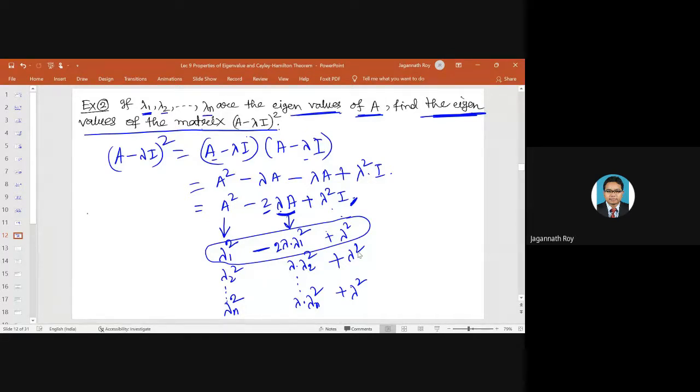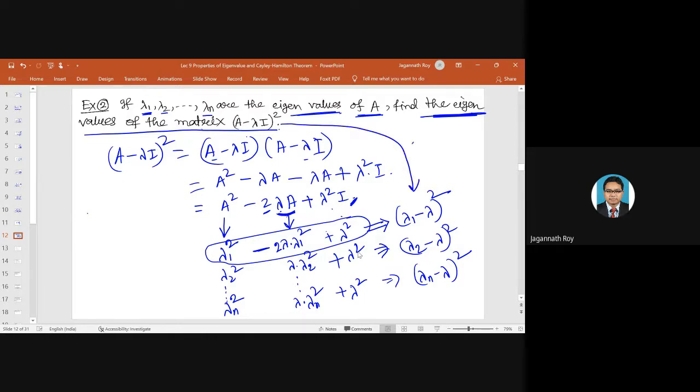So this will become lambda 1 minus lambda whole square, this will give you lambda 2 minus lambda whole square, and so on up to lambda n minus lambda whole square. So the eigenvalues of this matrix A minus lambda I whole square are nothing but this.